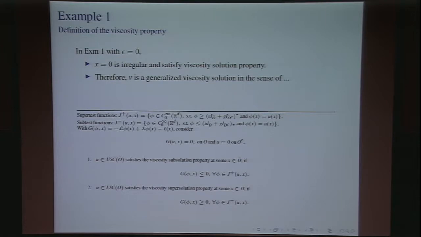And then at 1, it meets the boundary, but this guy gives us trouble. However, if you look at its viscosity solution property here, then it satisfies the viscosity solution property. So x equals 0 is irregular and satisfies the viscosity solution property. Therefore, V is a generalized viscosity solution. So next slide, we will give you the definition.